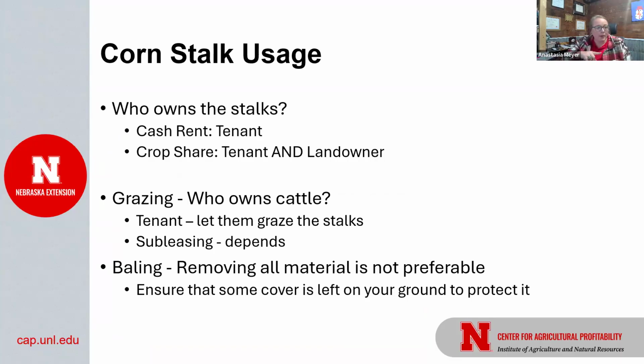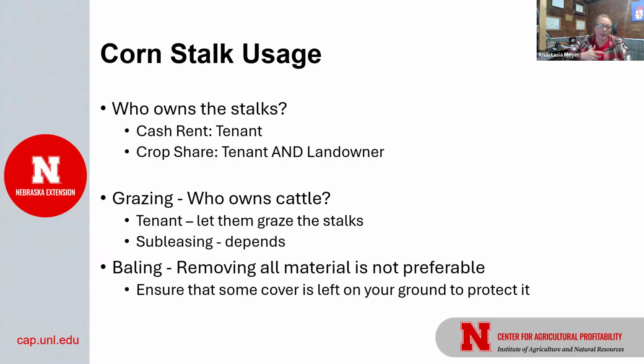So let's first talk about grazing. Who gets to graze? My rule of thumb is if it's a tenant's cattle going on there, the tenant is taking care of them and putting up the fence, I say just let them have the corn stalks, because it's probably going to reduce some volunteer corn. It's putting nutrients back in the soil.